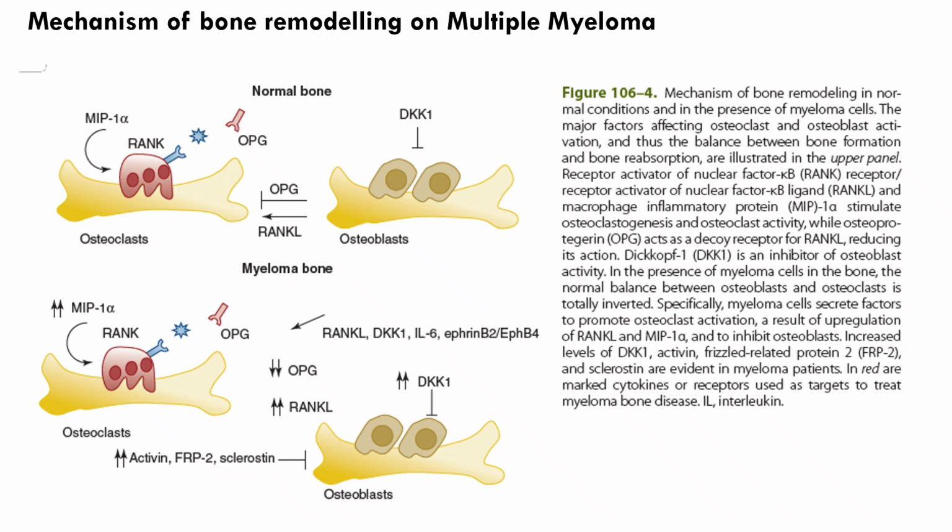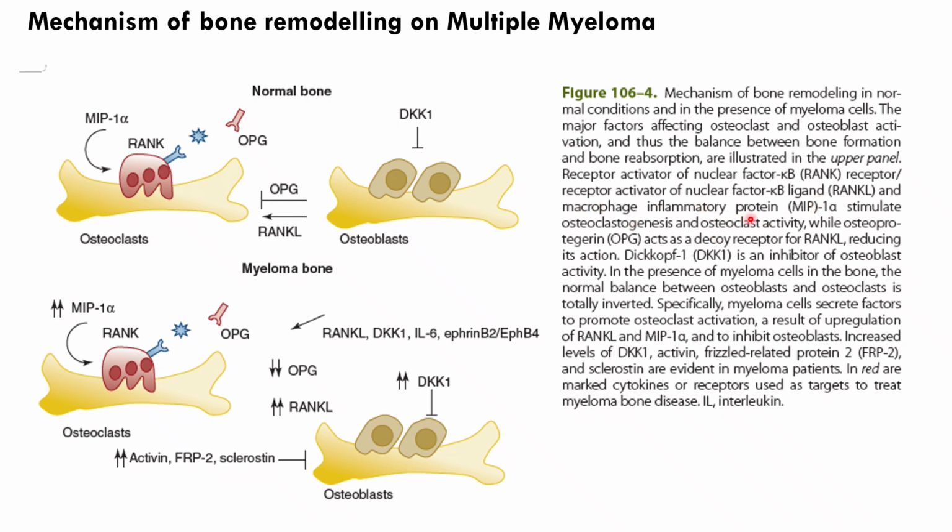And this is the mechanism of bone remodeling in multiple myeloma. The major factors affecting osteoclast and osteoblast activation, and thus the balance between bone formation and bone resorption, are the receptor activator of nuclear factor kappa B, RANK, and the receptor activator of nuclear factor kappa B ligand, RANKL.